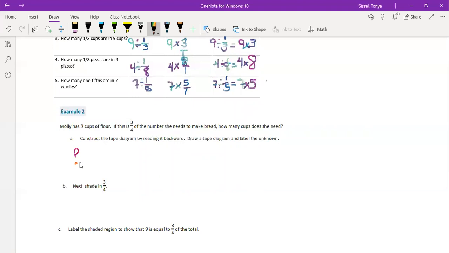We don't know how many cups, right? How many does she have? She has 9. Okay, she has 9 cups of flour. So we know we've got 9, and we know that 9 is 3/4 of what she needs.